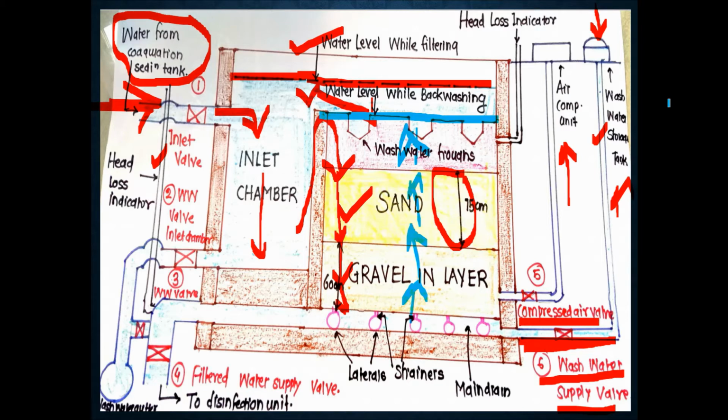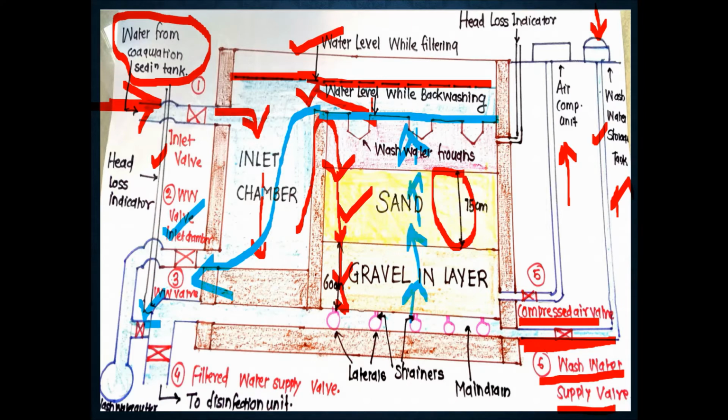Hence water from the bottom enters and wash water troughs collect all that water, and that collected water goes through wall number 3, that is known as wash water wall, and wall number 2 is the wash water wall for inlet chamber. Means this is the wash water wall for inlet chamber, and this is the common wash water wall.